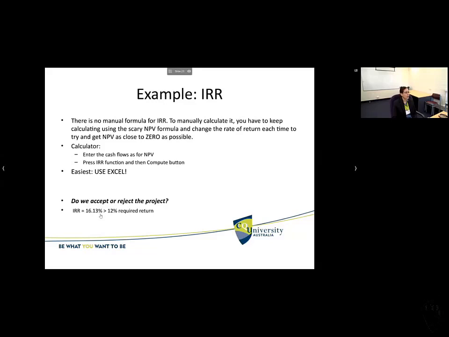So if your internal rate of return comes out at higher than 12%, in our case, let's say 16.13%, then we would accept the project. If the internal rate of return comes out at 8%, that's lower than 12%, then don't accept the project. So, like payback period, if it's within our acceptable limits, we'll accept it. If it's not, then we reject the project. So again, that's your decision rule.